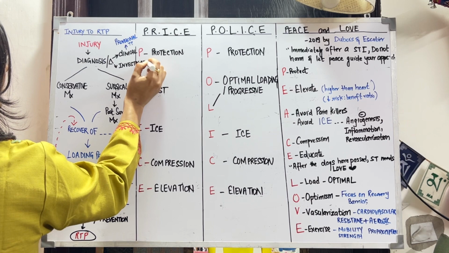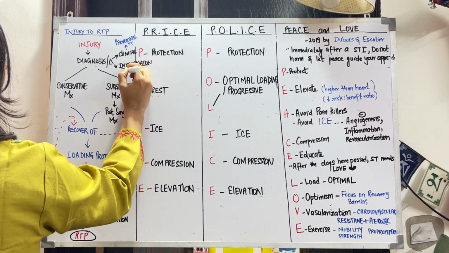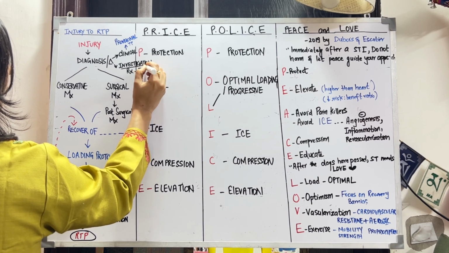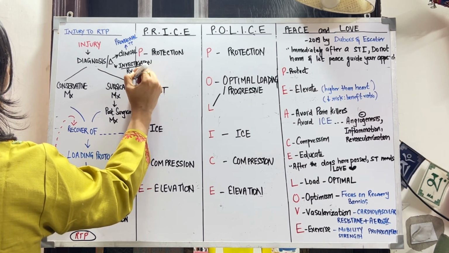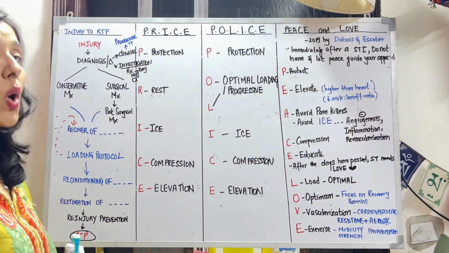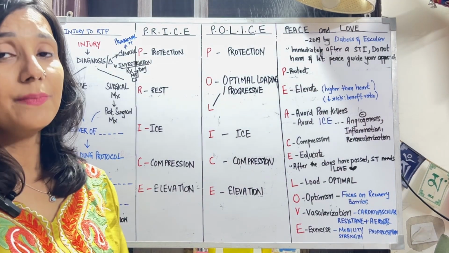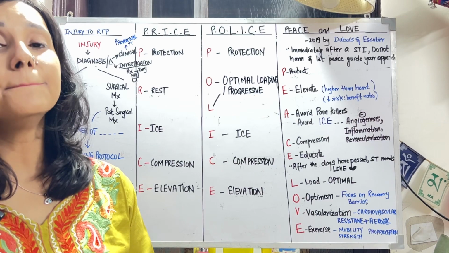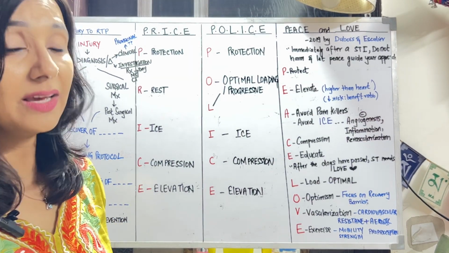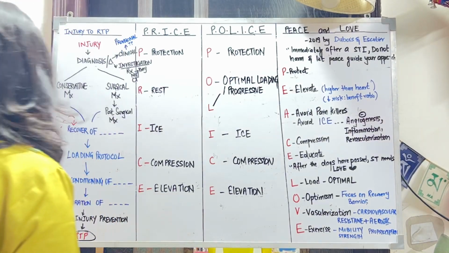In sports, the most important ones are the radiological investigations. You go for X-rays, MRI, CT, be it anything. The initial investigation of choice in all cases would be X-ray, because you have to rule out a bony injury, and rule out any avulsion fracture.